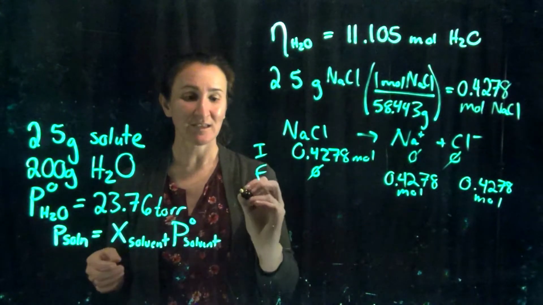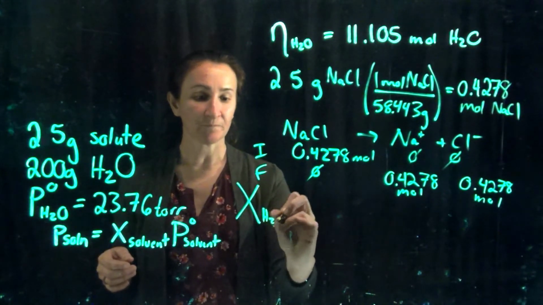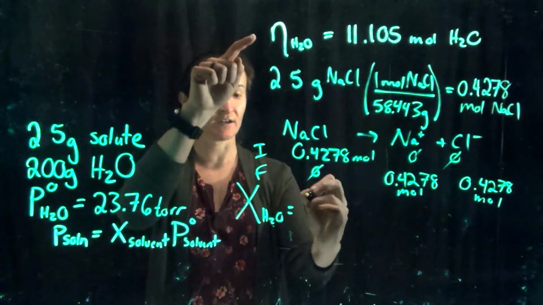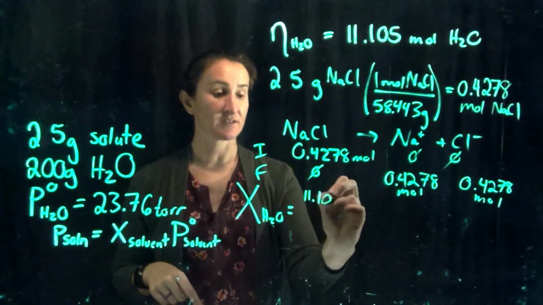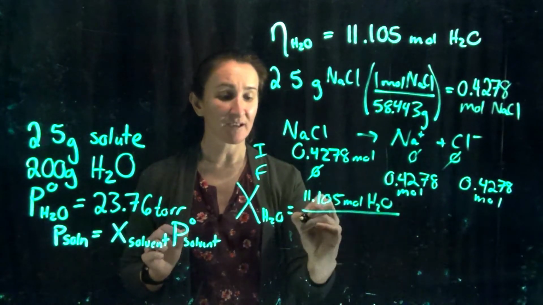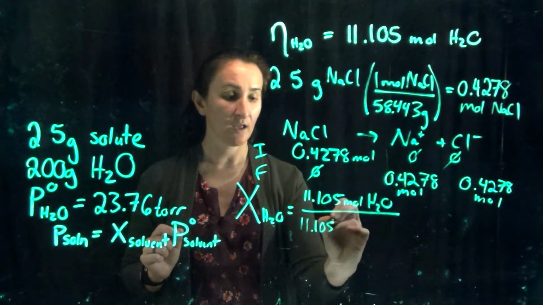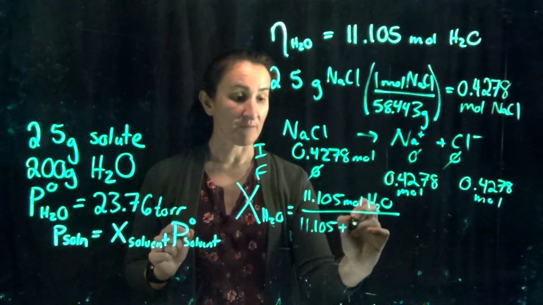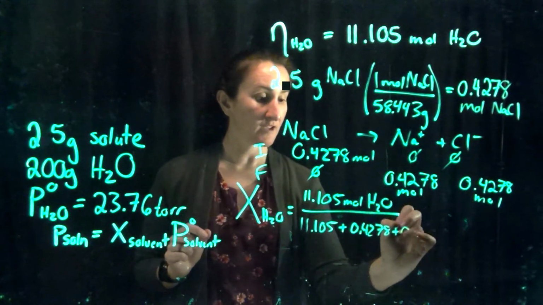And so how do I do this? X of water equals my moles of water, 11.105 moles of water over everything in my solution. So my water, my sodium, and my chlorine.